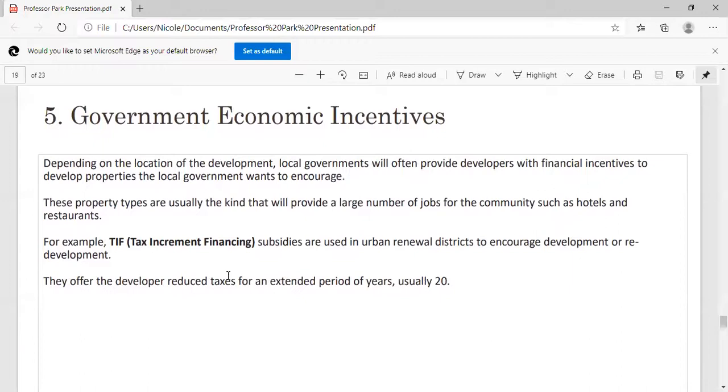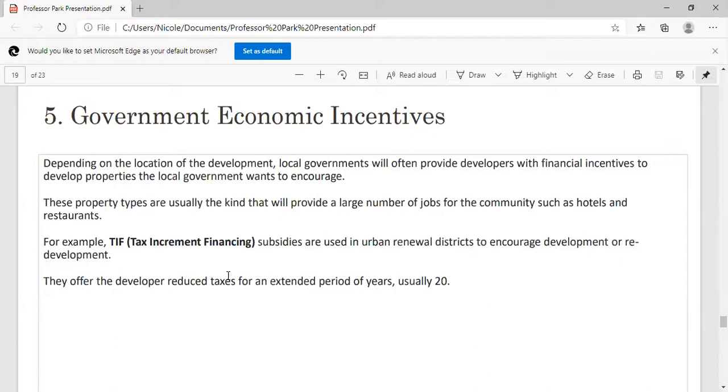So, government incentives, economic incentives. These are really great if it works for you and what you're looking for as a developer or investor. Of course, it's going to be in a riskier area. That's why they're incentivizing you to invest there. But they'll have things like tax increment financing, which are tax subsidies.